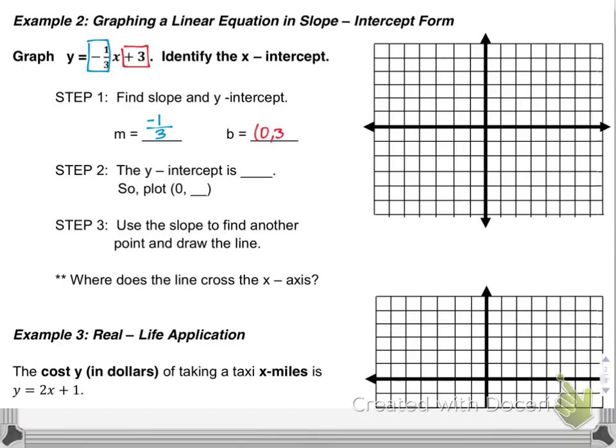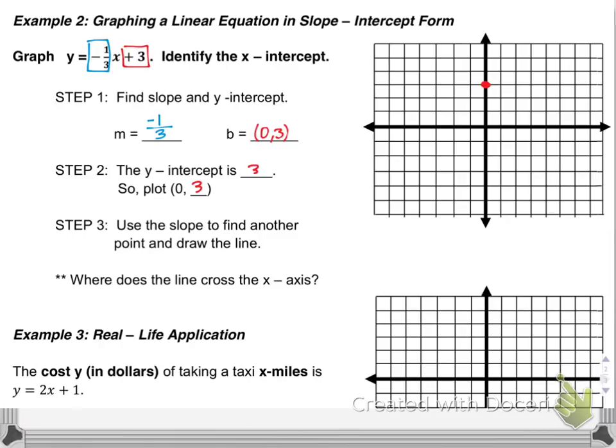Step 2 is kind of a repeat, my y-intercept is 3, so I'm going to plot the coordinate point 0, 3. So where's 0, 3 on the graph? Here it is right here. I'm going to make a point right there. That's my y-intercept. I got that from the equation, my red part in the equation.